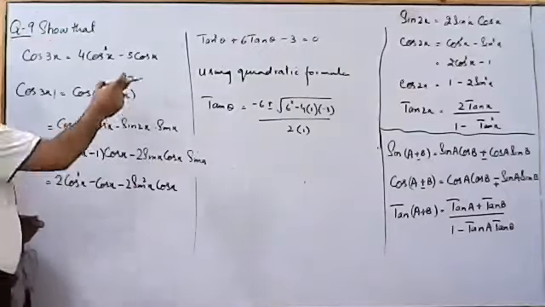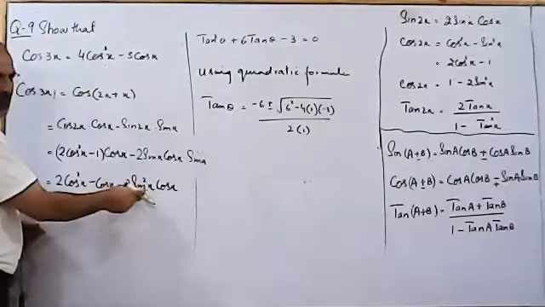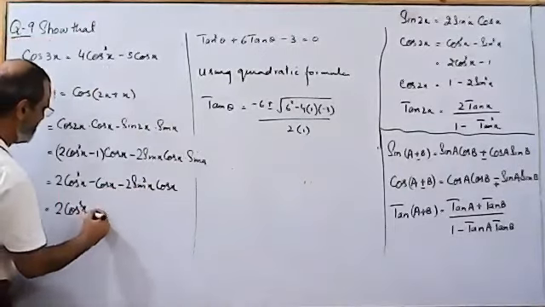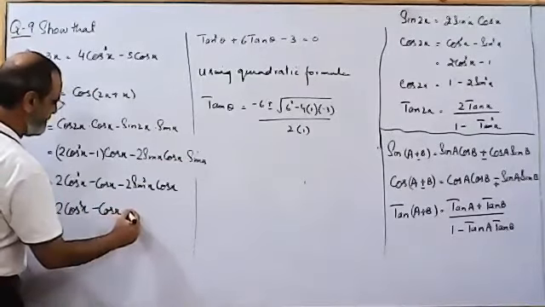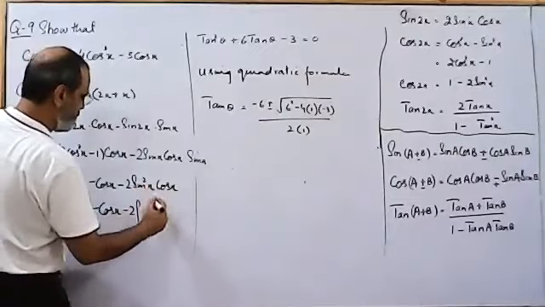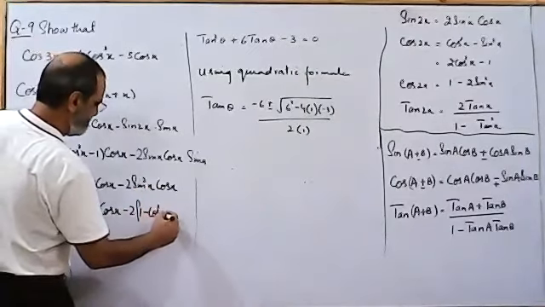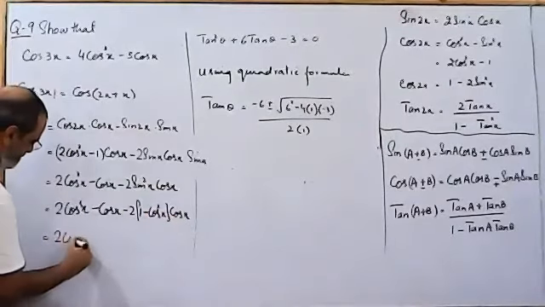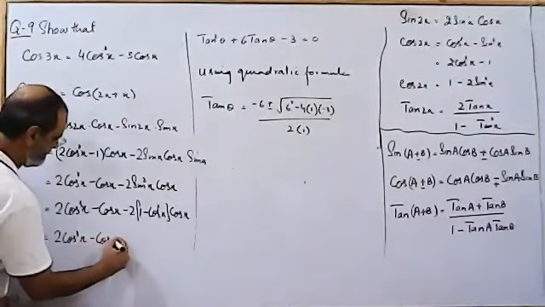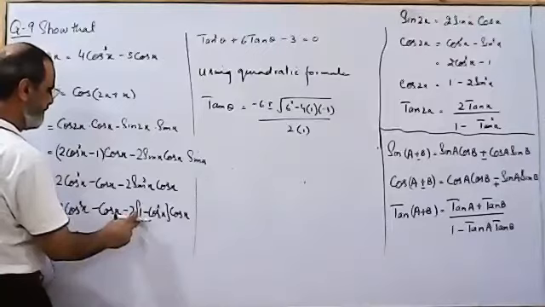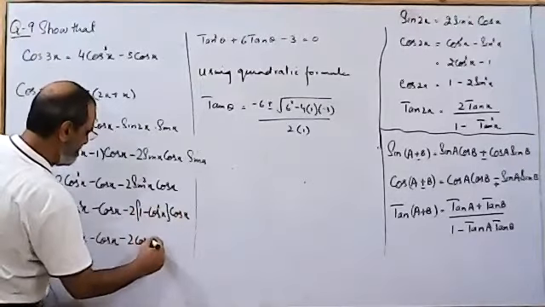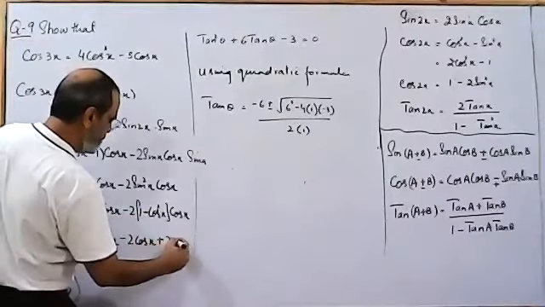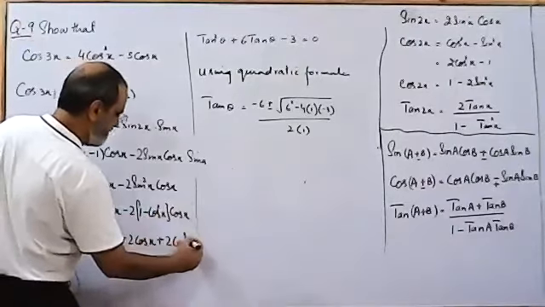As my final expression is in terms of cos x, I don't need this sine. I'll change this sine into cos as well. 2 cos cube x minus cos x minus 2, and sine square is changed into 1 minus cos square. Further simplifying, 2 into 1 into cos will be 2 cos x, 2 into minus cos square, which is plus 2 cos into this cos cube x.